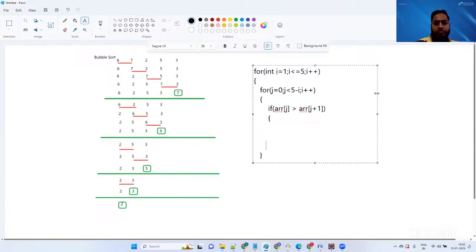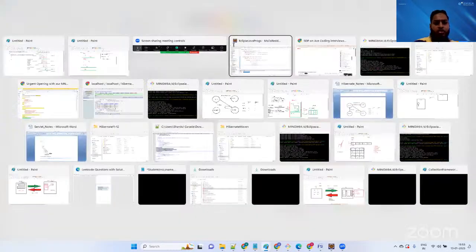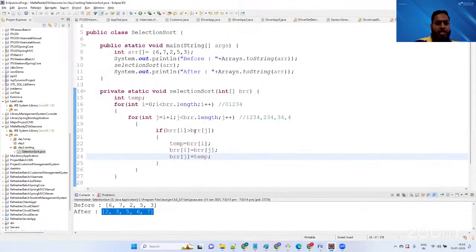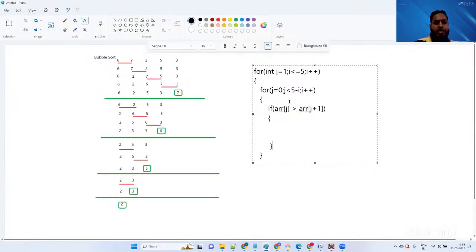So here what did we compare? We compared over here in selection sort. What did we compare? I and j. So we swapped I and j. Here what am I comparing? j and j plus 1. So you will swap that.